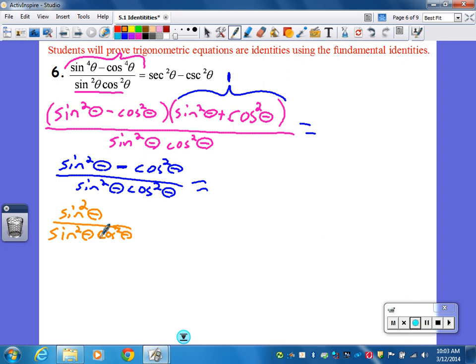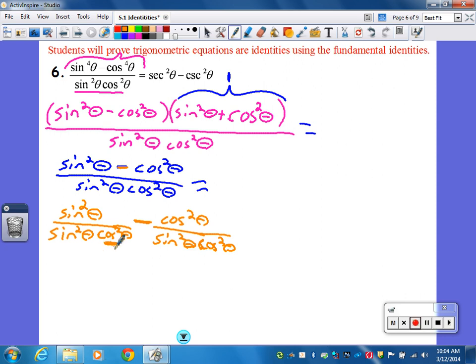Okay, and then minus, remember we have the minus sign. So cosine squared theta over sine squared theta and cosine squared theta. Well, from earlier we know that sine divided by sine times cosine is equal to just your cosine.